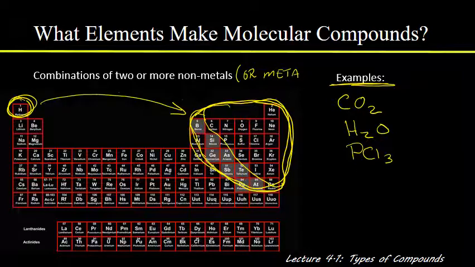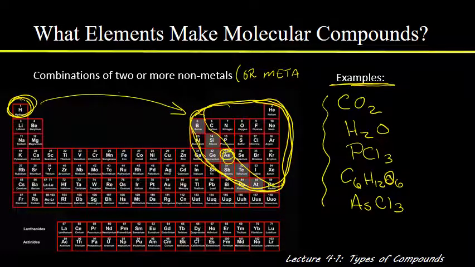Sugar is covalent. And let me throw one in from the metalloids, something like arsenic trichloride. Here's arsenic in the metalloids. That would also be a molecular compound.